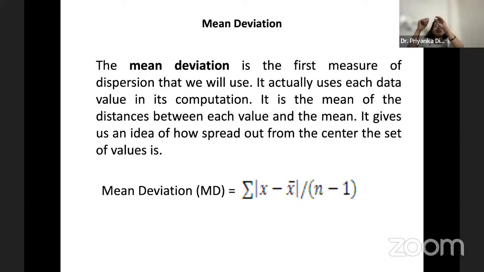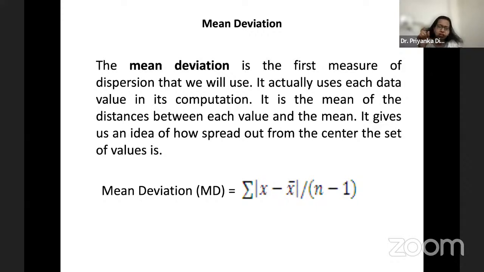We are going to calculate all the different distances from the mean. We are going to measure how far the different values are from the mean. Is it okay? That is the numerator part.